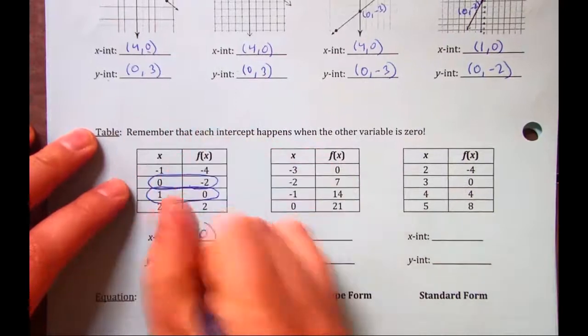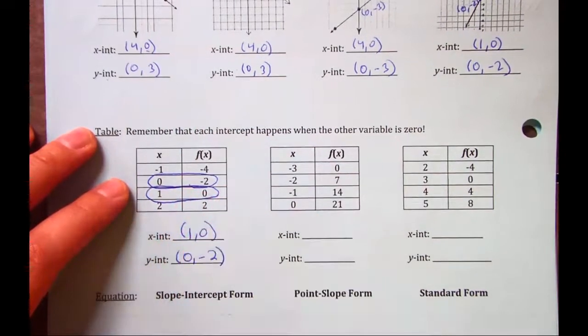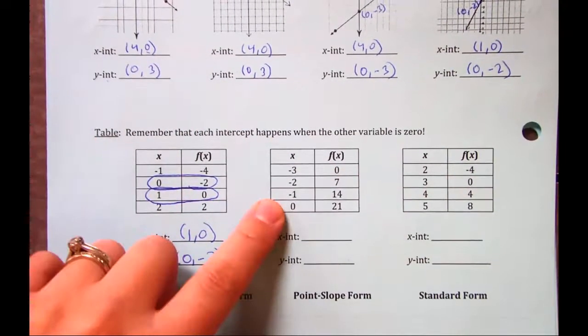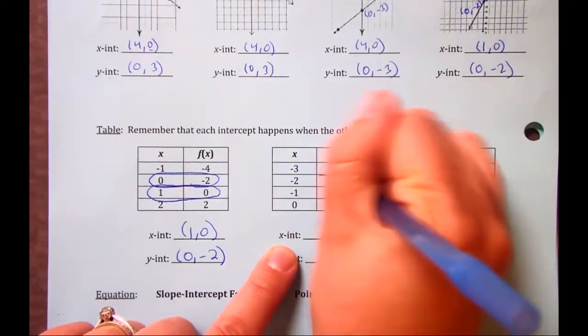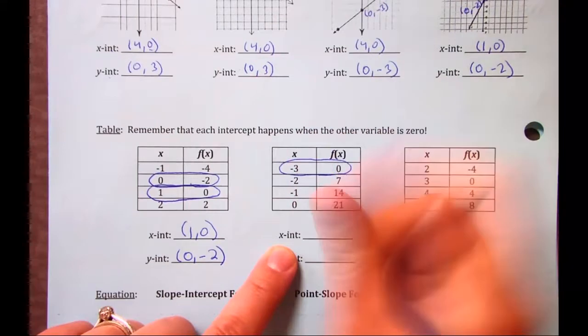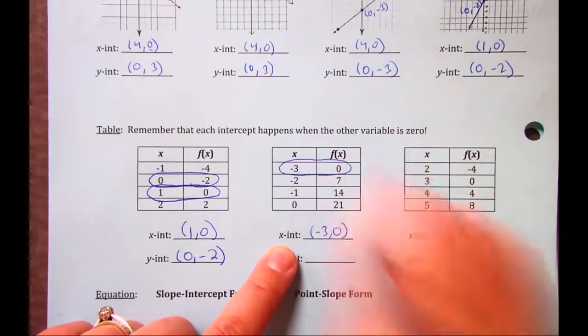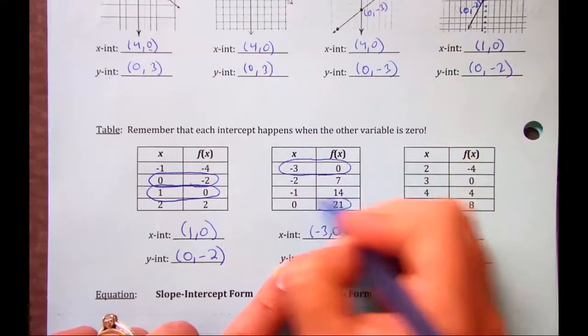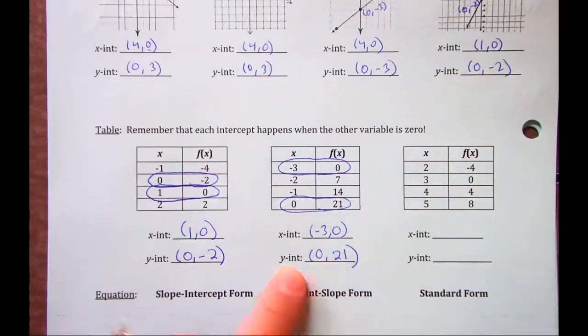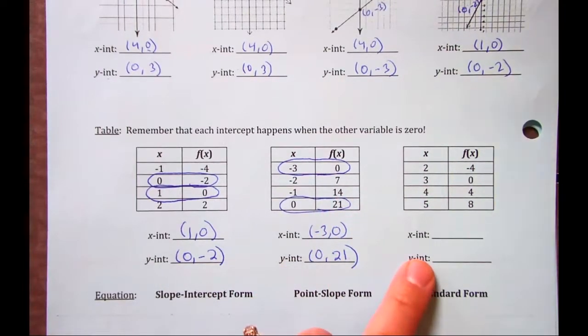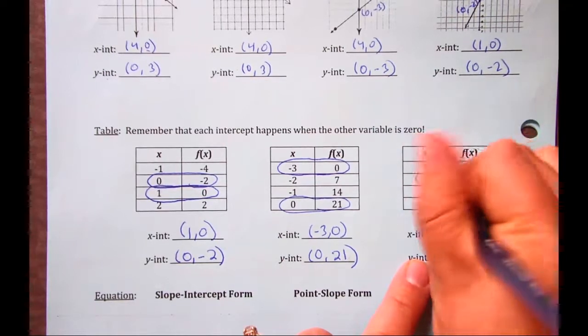So it's going to be right there. Right here, the x-intercept happens when y is 0. So that would be here, when y or f of x is 0. And the y-intercept happens when x is 0. So that's right there. For this one, the x-intercept happens when y is 0, so that's here.